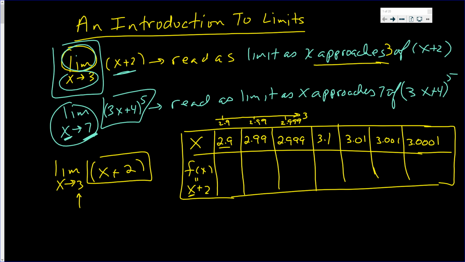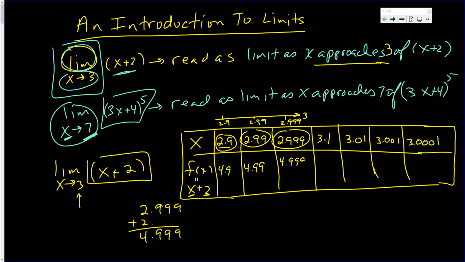That is, you take the x value and you add 2. If that's the x value 2.9, I add 2 to it, I get 4.9. If that was the x value 2.99, I add 2 to it, I get 4.99. If this were the x value, I add 2 to it, I get 4.999. Now, if x is 3.1 and I add 2 to it, I get 5.1.